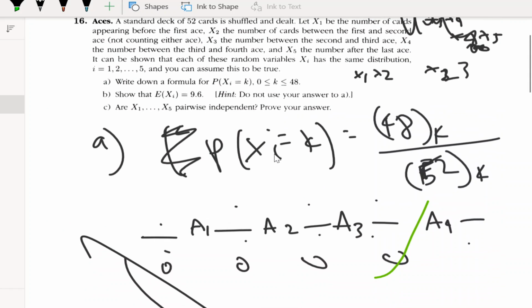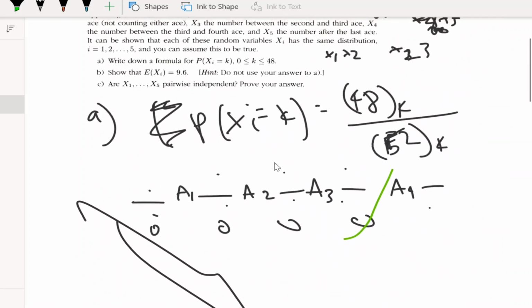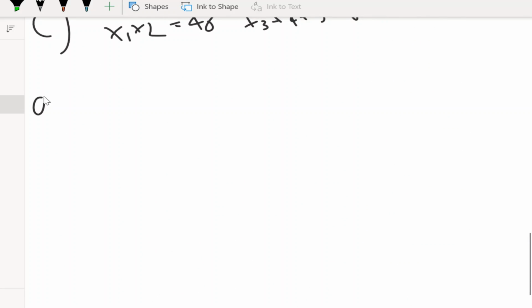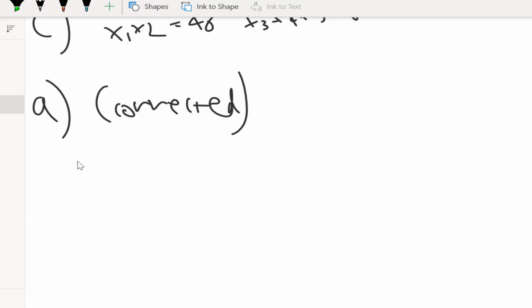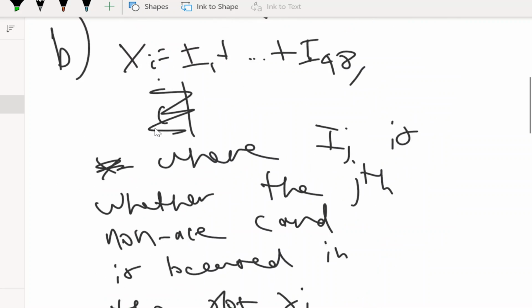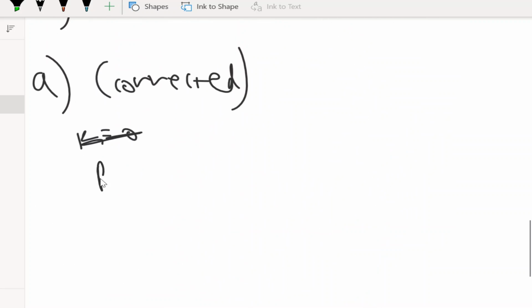Okay. And then I just realized I made a grave mistake in part A, so I'll go ahead and redo the whole part A. I've done a formula for P of X equals k. So let's say k equals 0.